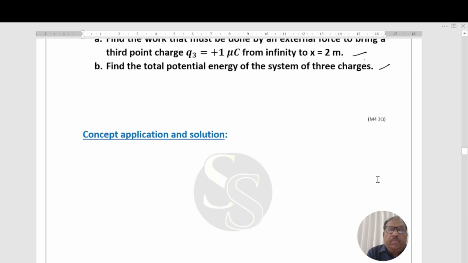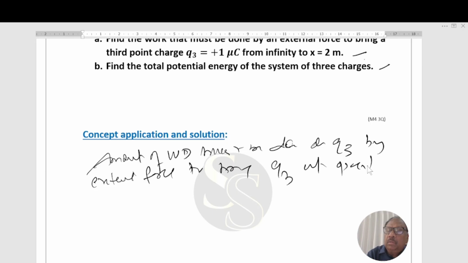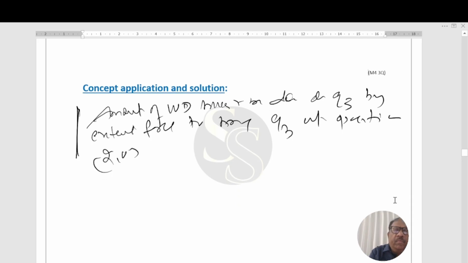Concept applicable in solution. Amount of work must be done on Q3 by external force to bring Q3 at position x equal to 2 in the presence of Q1 and Q2.